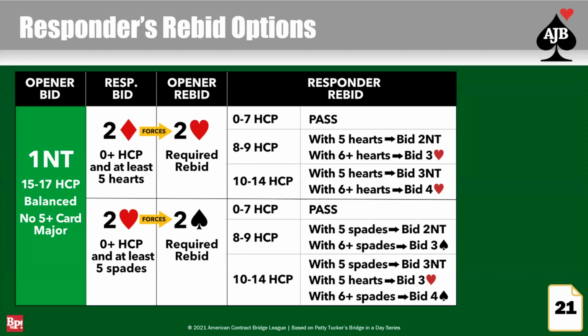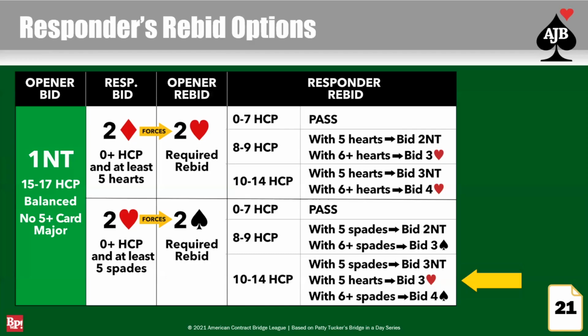And that's what if you had a hand that held at the very beginning 5 spades and 5 hearts? Well, when we have two 5-card suits, high 5, we always bid the highest in rank. So if I had 5 hearts and 5 spades, you open 1 no trump, I'm going to bid 2 hearts, telling you to bid spades. But now I'd want to let you know about my hearts.